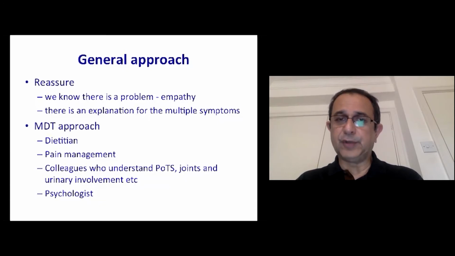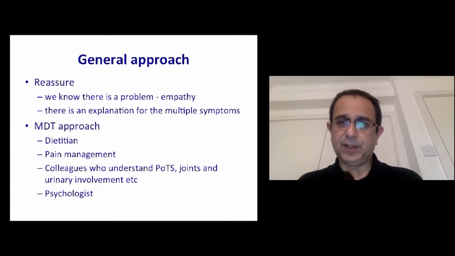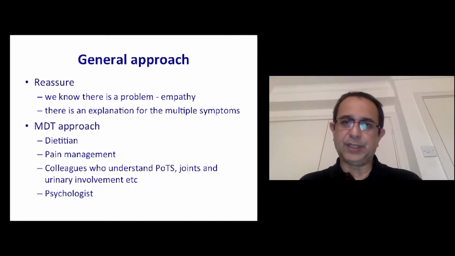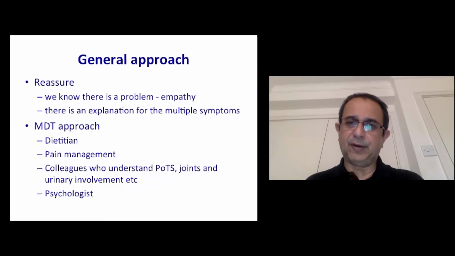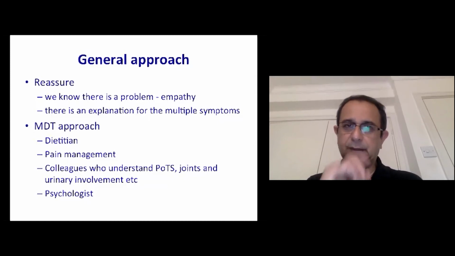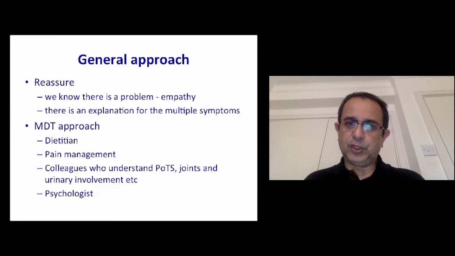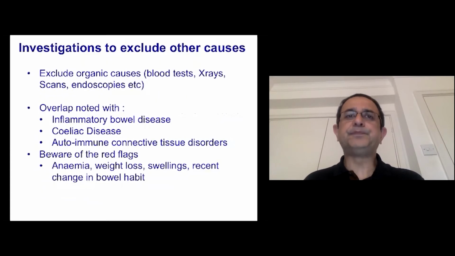It is very important to have a group of senior colleagues who can help treat these problems, because if you pick up in your patients who predominantly presented with a tummy problem that they also have POTS and joint involvement and bladder involvement, then it's useful to be able to refer them. And of course, chronic conditions can produce quite a lot of stress, and having the help from a good psychologist can also be quite helpful.